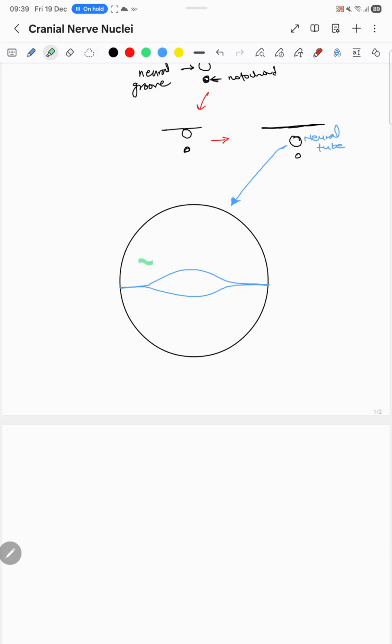So this region right here, let's say, is present dorsally, and this region is present ventrally.